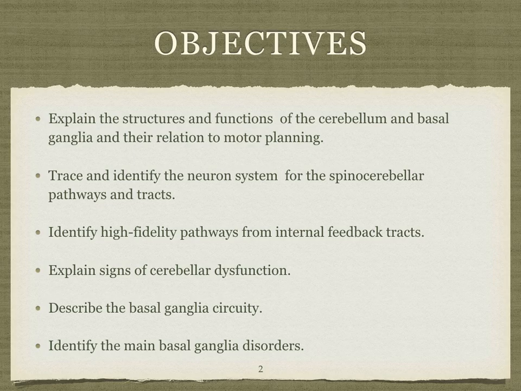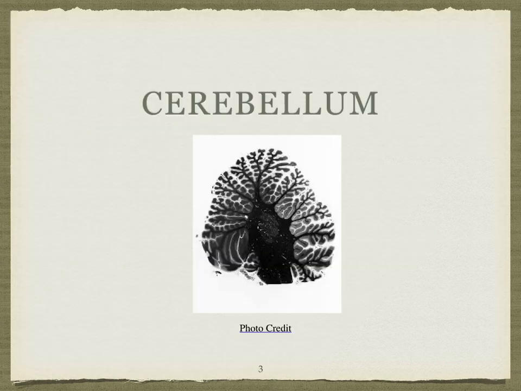And this mimics a similarity to our spinothalamic tract, where our lateral spinothalamic tract is that fast, precise localization versus more of that slower, dull ache of that medial or anterior, medial or ventral, spinothalamic tract. So we're going to get going and talk about the cerebellum.